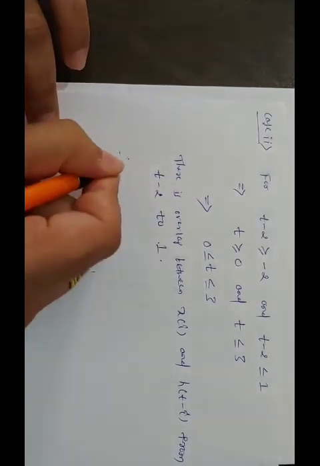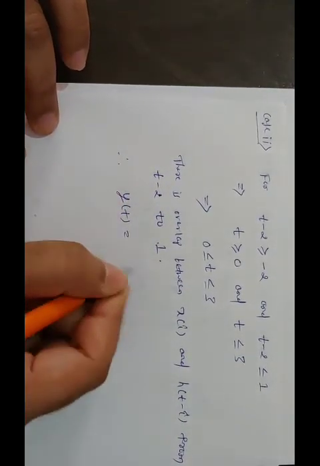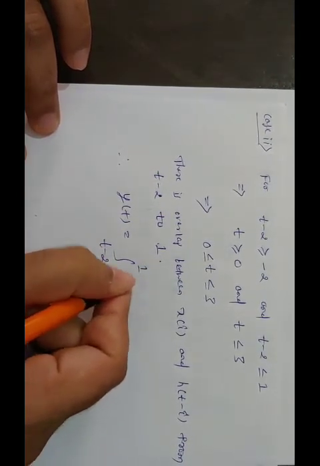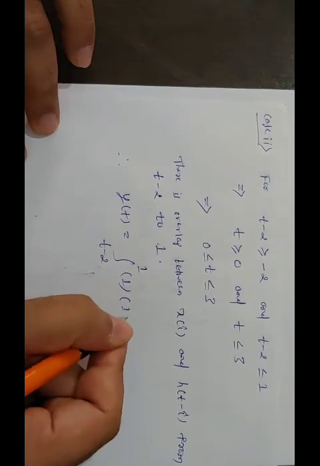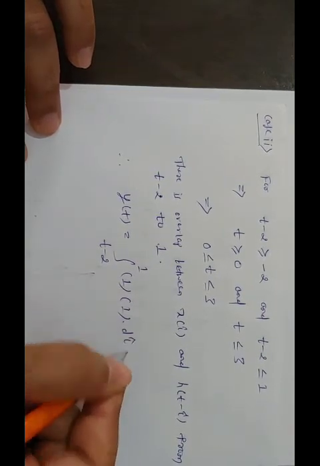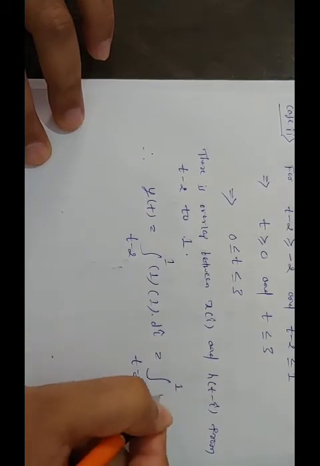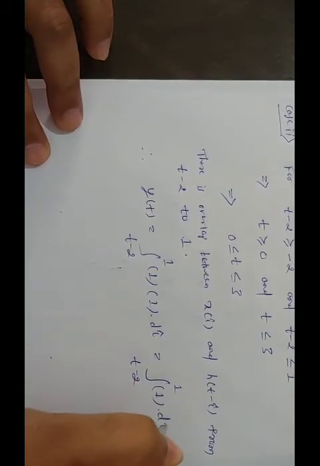So therefore y of t equals the integration from t minus 2 to 1, where x of tau value is 1 and h of t minus tau is also 1, with respect to d tau. So 1 into 1 is 1 d tau.